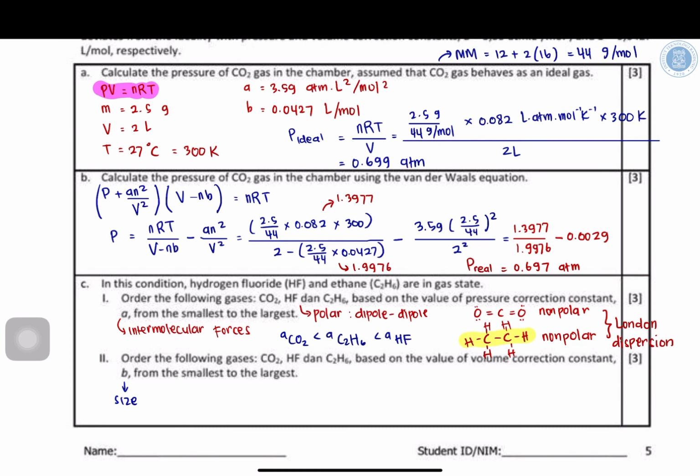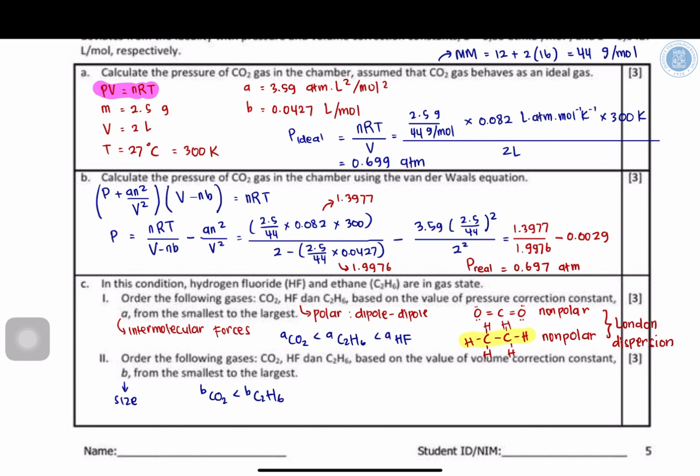So the probability is that the size of C2H6 will be bigger compared to the CO2. So in that case, we can predict that the b of the CO2 should be less compared to the b of C2H6.